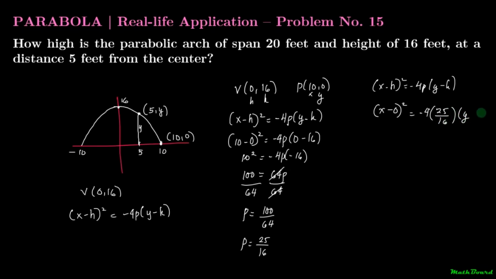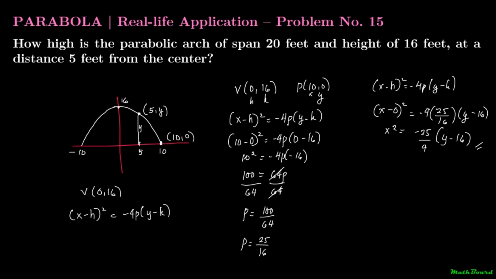Ang k natin ay 16. So, we have x squared equals negative 25. 16 divide 4, that's 4. Kung gusto mong i-multiply, 4 times 25, that's 100 over 16. Pag nag-lowest term ka, negative 25 over 4 din lang yon. Okay, so, yan yung ating standard equation.